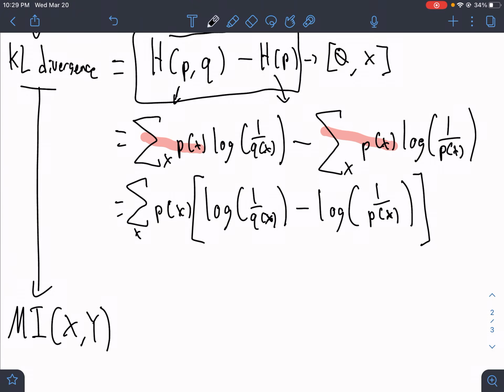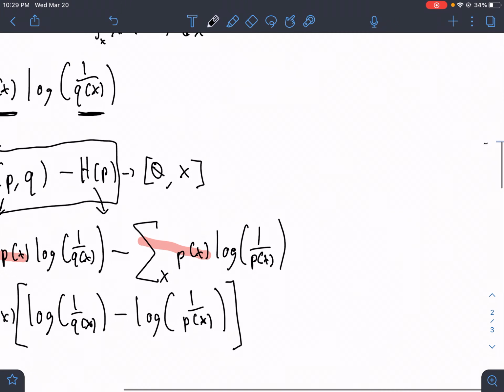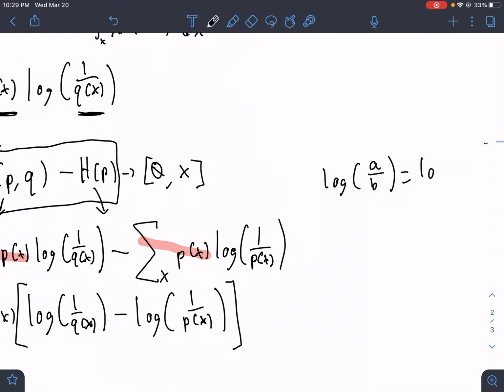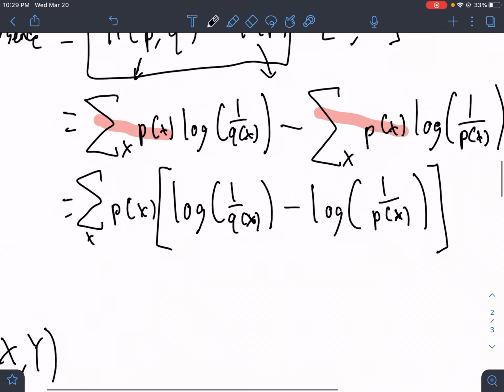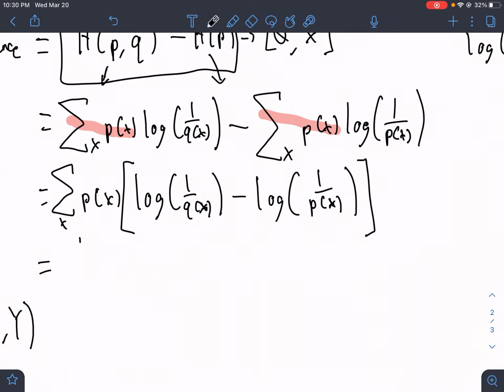If you remember, let me write this up here: log of A over B is equivalent to log of A minus log of B. That's a log rule. You should also remember a lot of the log rules as well. They'll be fairly important to know. So in this case, we now have this nice simple equation: log of P of x over Q of x.